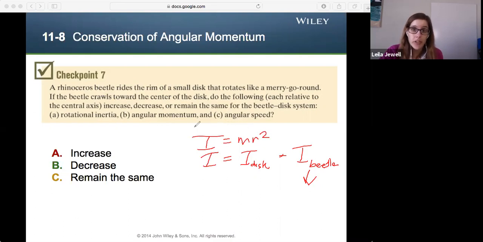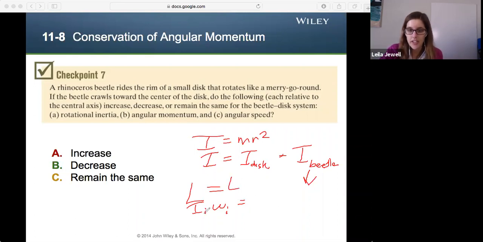Well, for angular momentum, we have to check, is there a net external torque applied to our beetle disc system? It doesn't mention anything about brakes or a force or friction. So no, sounds like our angular momentum has to stay the same. What we could write is I initial omega initial.